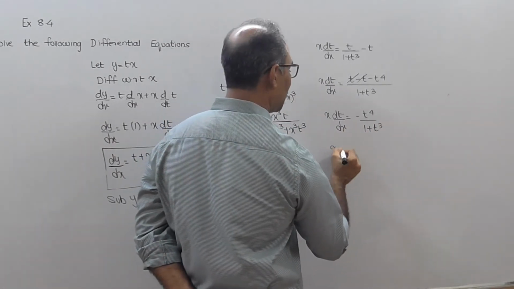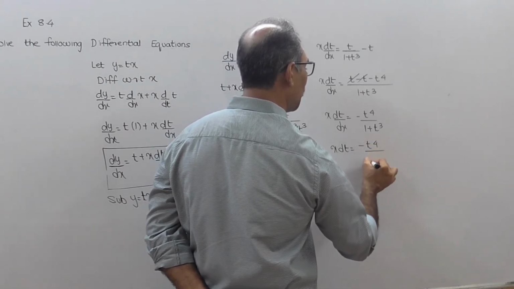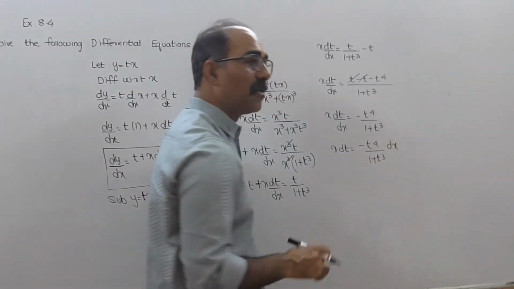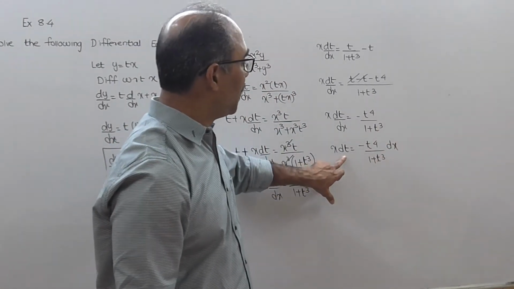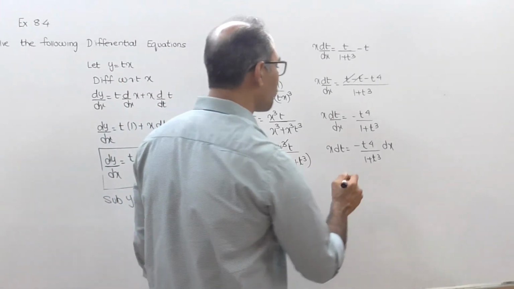Now we write this as x times of dt equal to minus t raised to 4 upon 1 plus t cube and dx. Now you have to do the actual grouping. With dt you pick up all t terms and with dx you pick up all x terms.